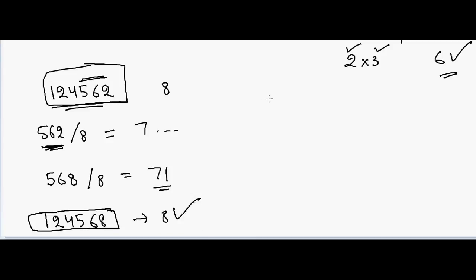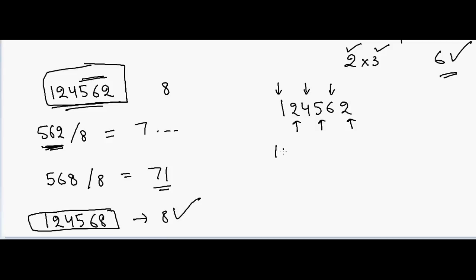Now let's talk about the divisibility by 11. So if I have 1, 2, 4, 5, 6, 2, and I want to find out whether this number is divisible by 11, I'll take the alternate digits. So I'll take 1, this, and this, and then I'll take the other three digits, and I add them together.